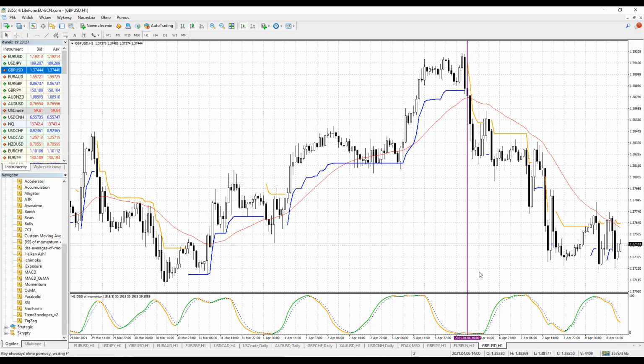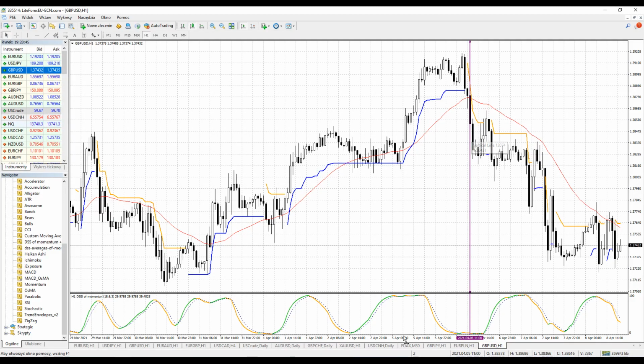But in that particular candle we did not close below the linear weighted moving average. It happened on the very next candle.